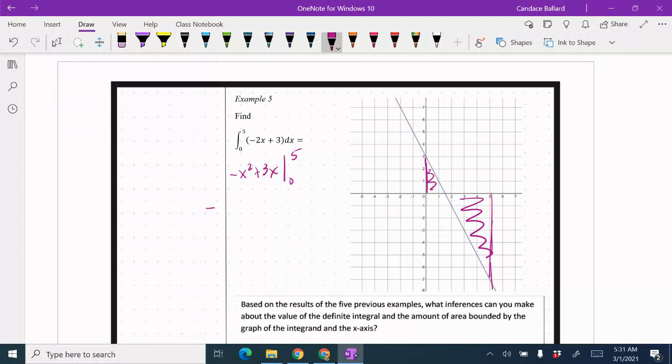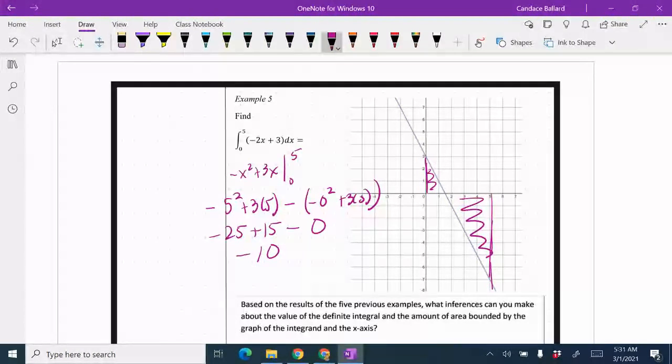So we're plugging in, so negative 5 squared plus 3 times 5 minus parentheses negative 0 squared plus 3 times 0. Negative 5 squared would be 25, negative 25 plus 15, and then this back piece is all just going to be 0. So we'd end up with negative 10, and the area underneath is bigger.